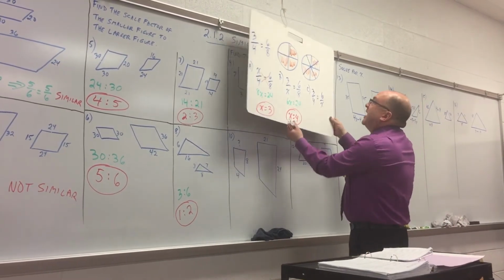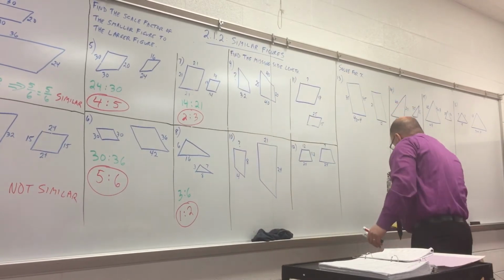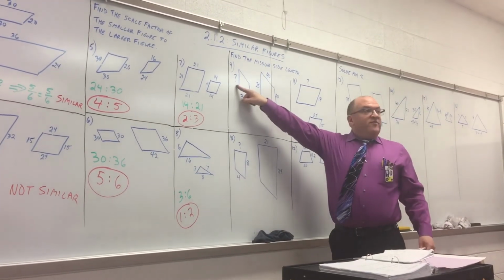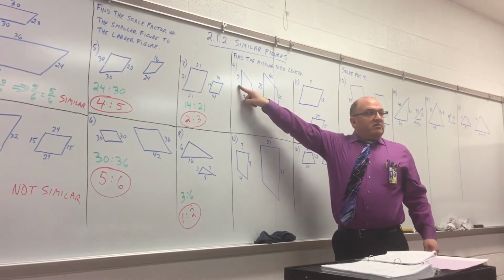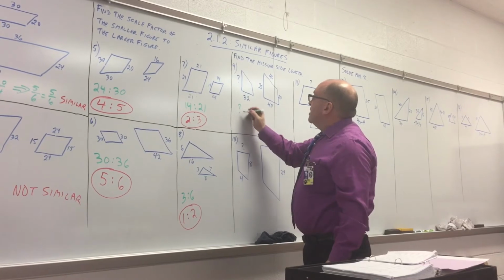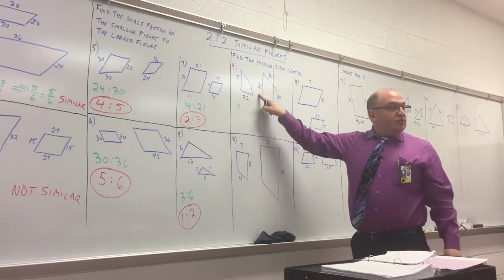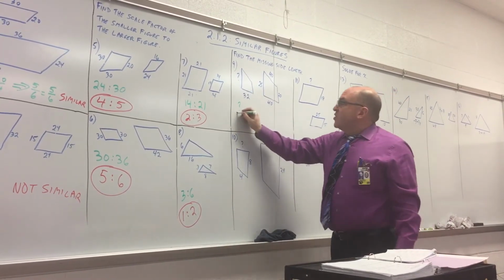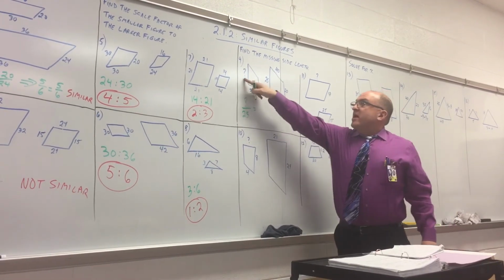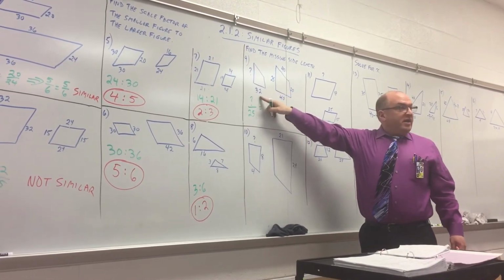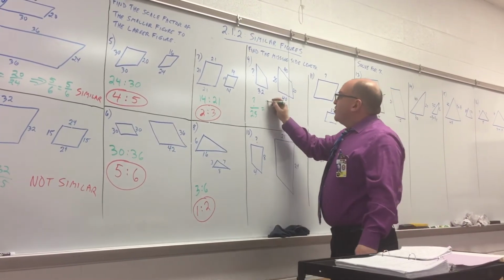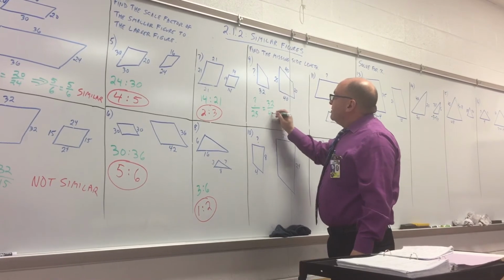Now, take a look at this. How do we find this number here? We do question mark over what? 25. Question mark over 25 equals, since we went here to here, we're going to go here over 40. 32 over 40.